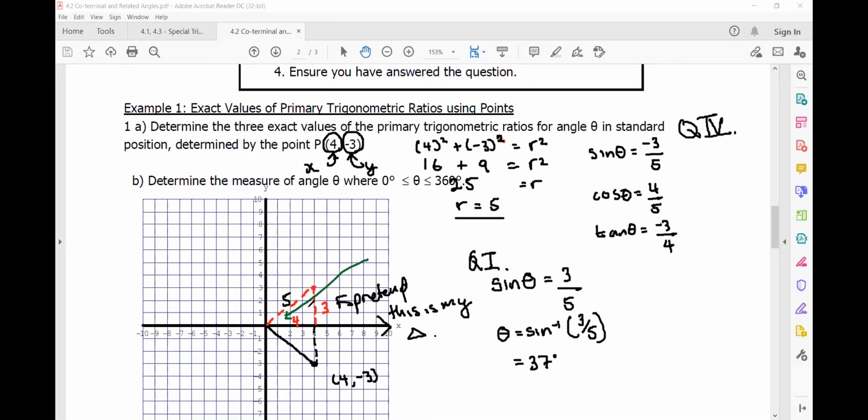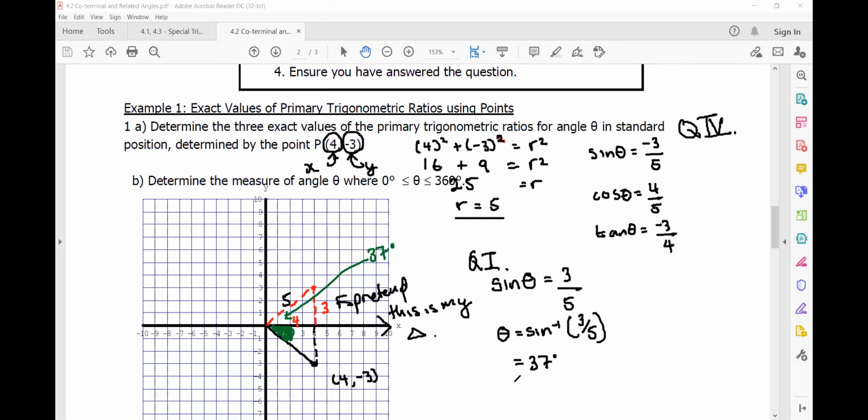So this angle right here is 37 degrees, which means what is this angle? What is the angle that we originally have in the bottom? Anyone? 37. It's the same. Thank you. It's the same triangle. That's what I'm getting at. Okay?